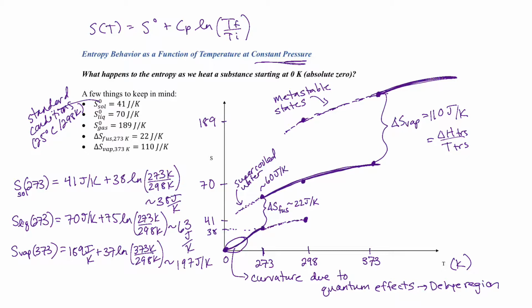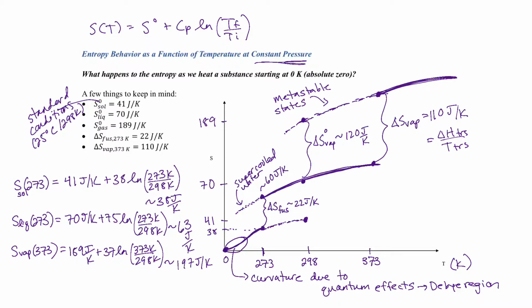Then this would be our delta S of vaporization under standard conditions, so we'll put that little naught up there. If you do the calculations with the values you get, you should get about 120 joules per Kelvin for that.